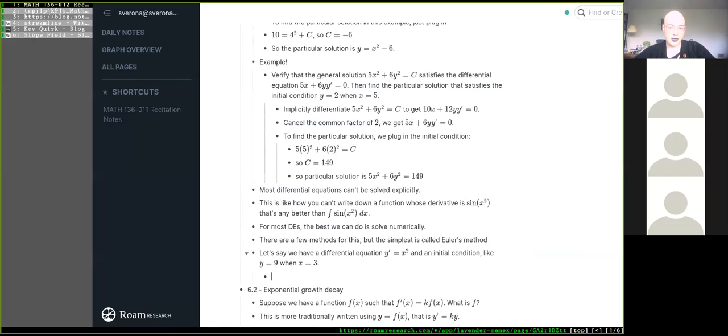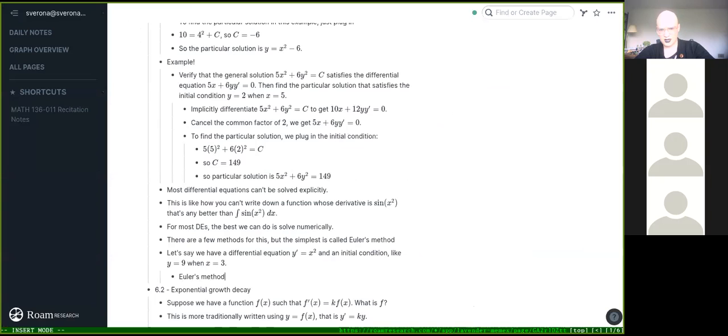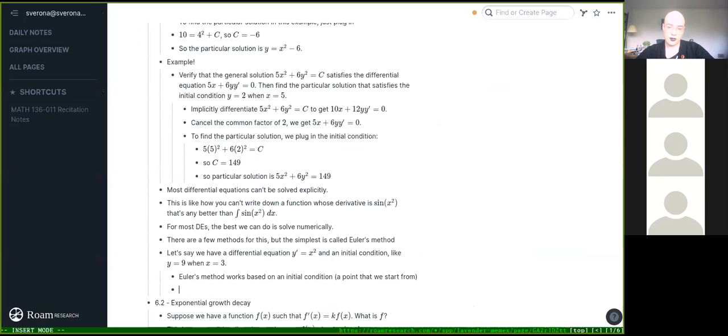Euler's method works based on an initial condition, and that's a point that we start from, and what's called a step size.